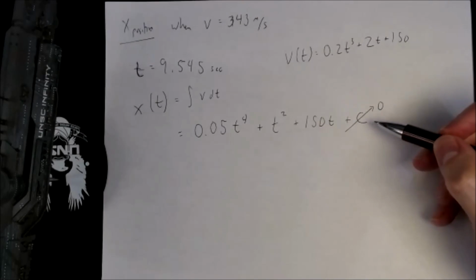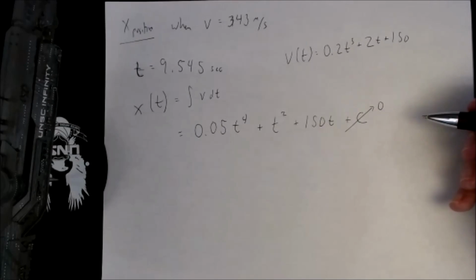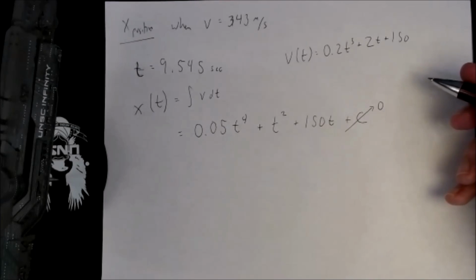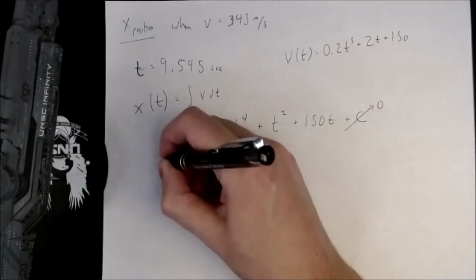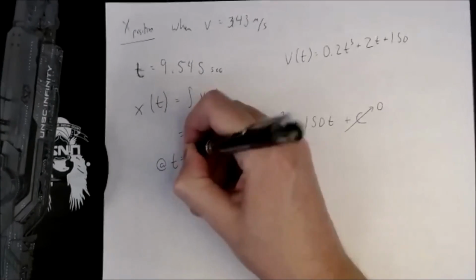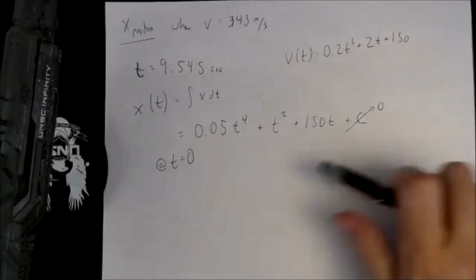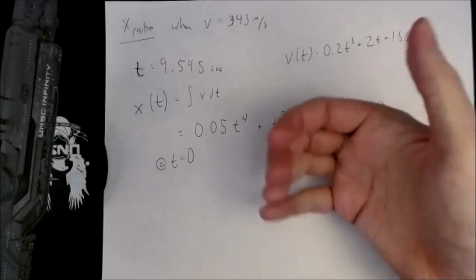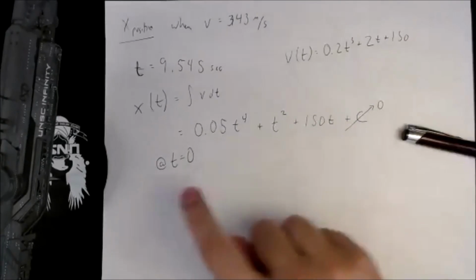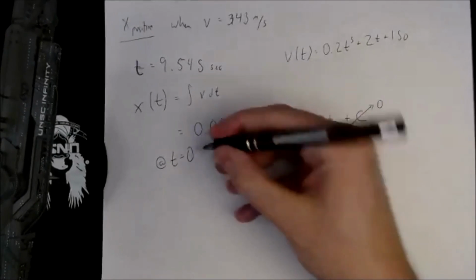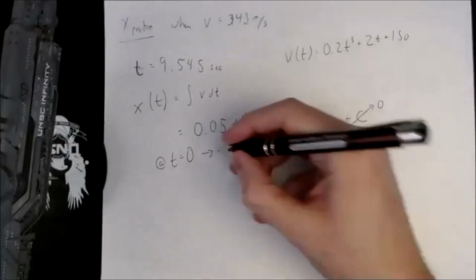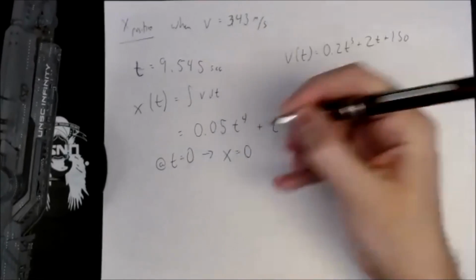Why was C canceled? I don't really give you an initial position. So let's just assume, let me write this down. Let's assume that at t equals 0, when our timer begins, we're going to start our timer. Imagine having a stopwatch. Start your timer the moment that the rocket launches. We're going to say that at t equals 0, x was equal to 0.